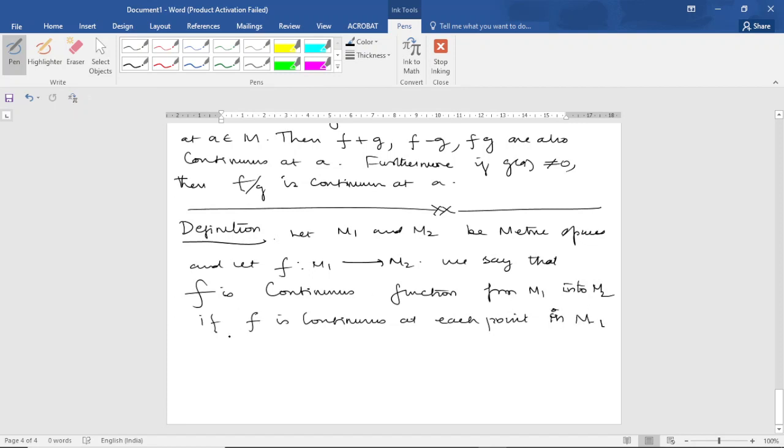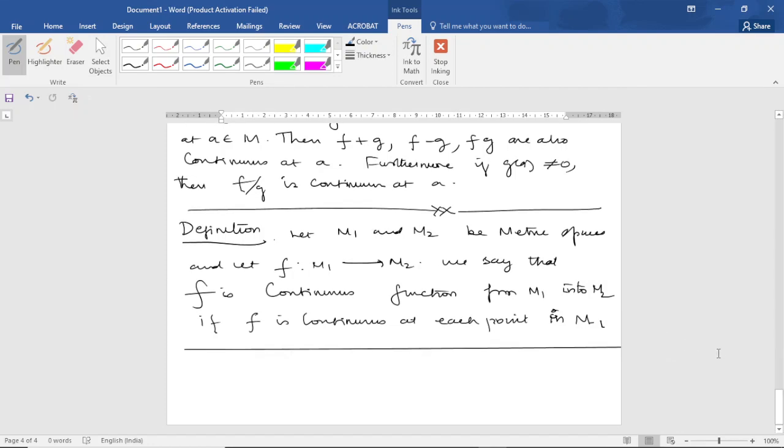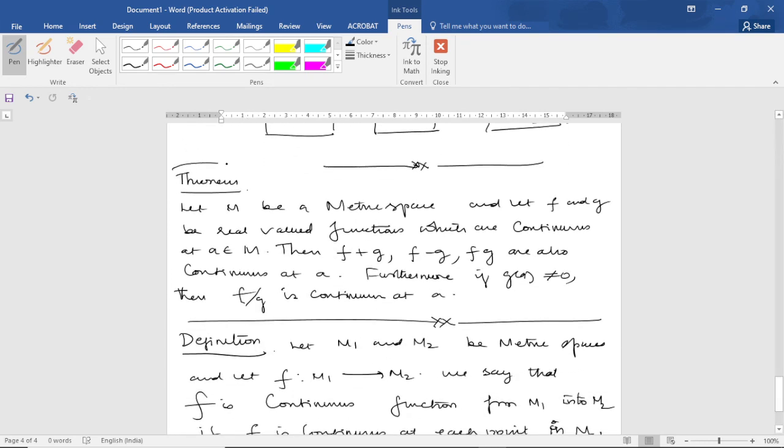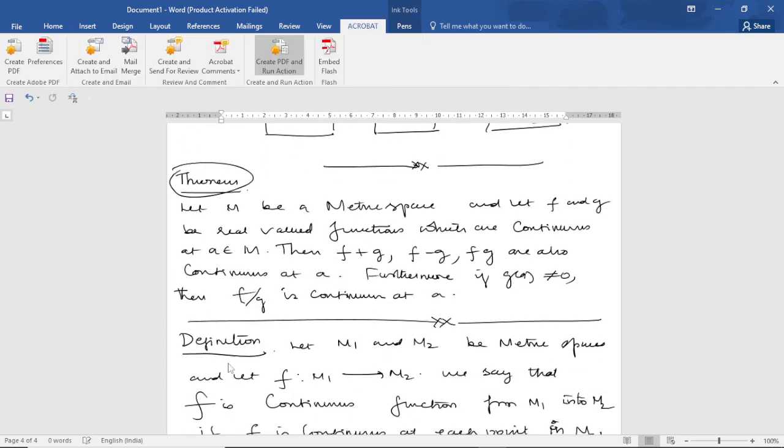That is the definition. If at each point of that space f is continuous, then we simply say that f is continuous at each point in M, or simply we say that f is continuous on M1. That's all. So now one more theorem we can write, that is the next theorem.